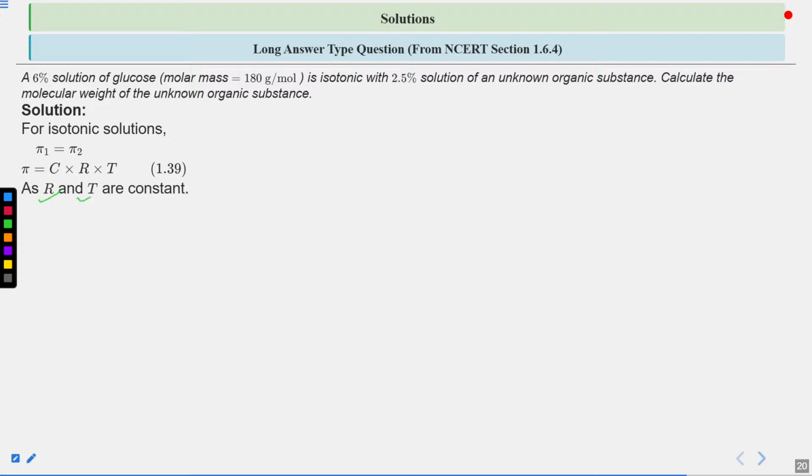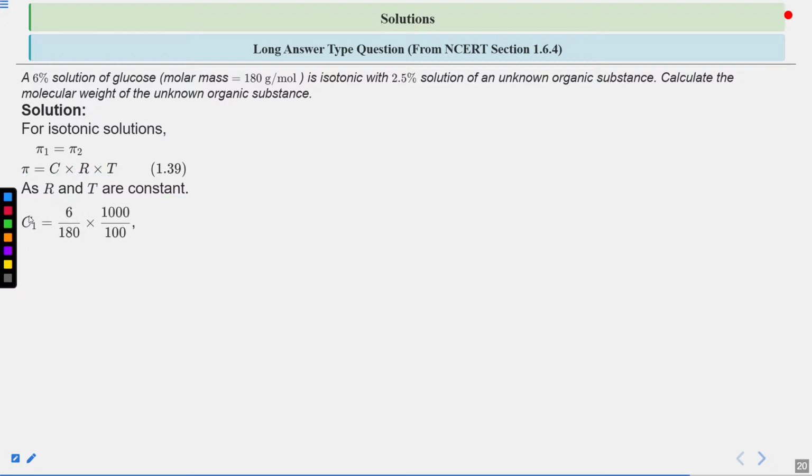R and T are constant terms, because for the isotonic solution we do the calculation at the given constant temperature. Now only C and pi remain, but as they are isotonic solutions, pi will be equal. That means the remaining quantity, C, will also be equal.